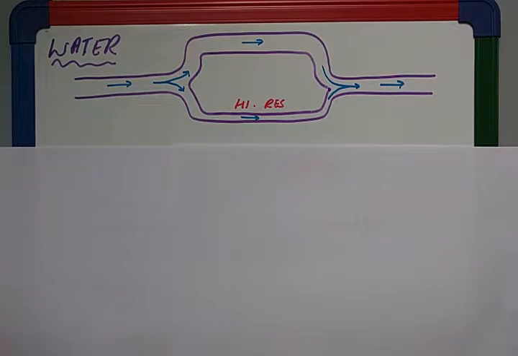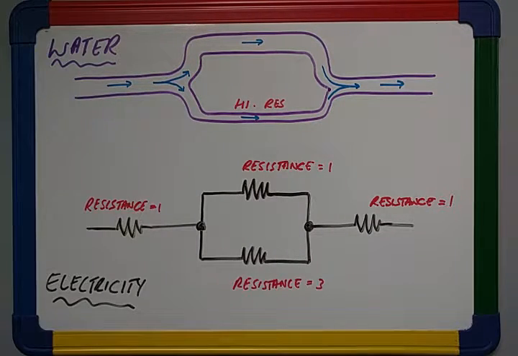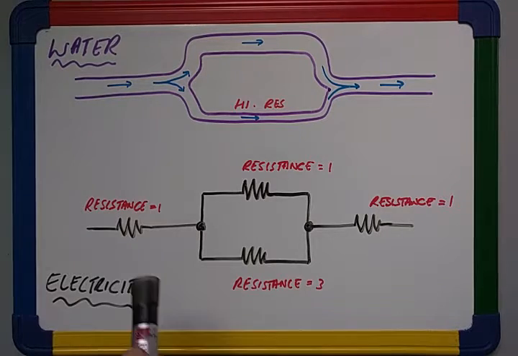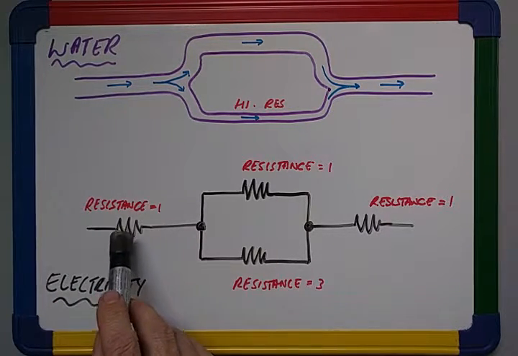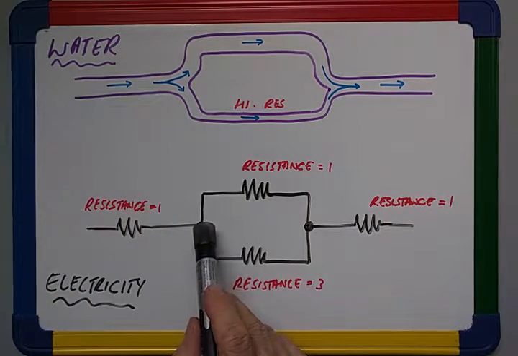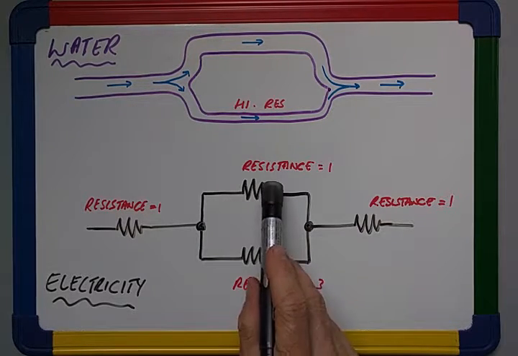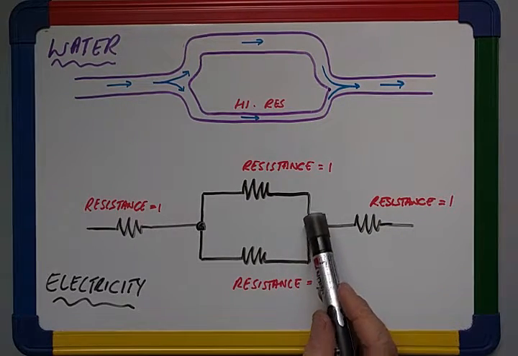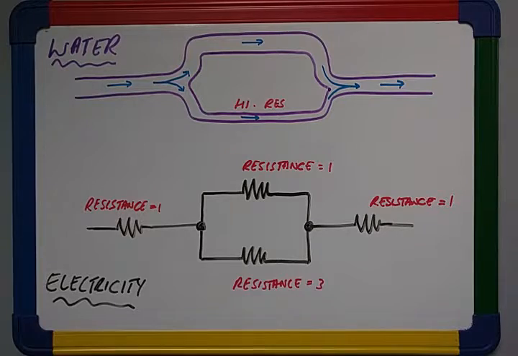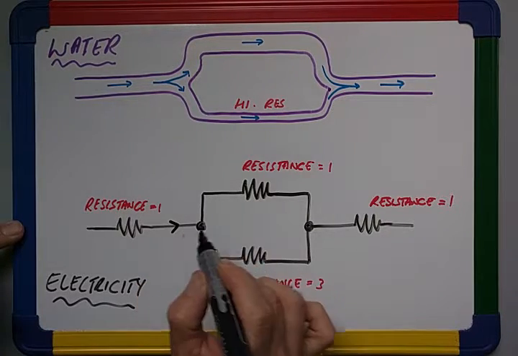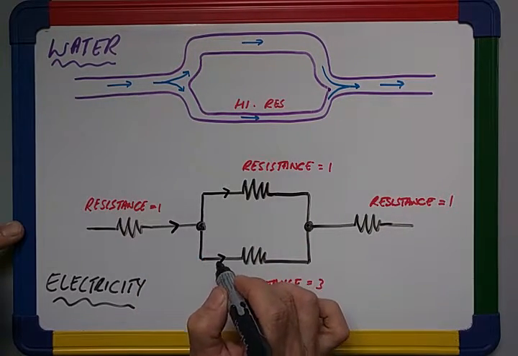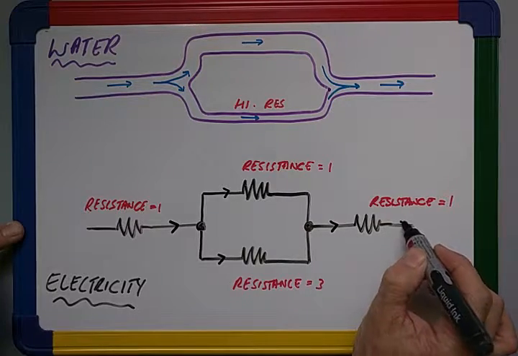So let's look at what the electrical equivalent of this is. Here we've got a wire coming in with a certain amount of resistance. It then splits into two, each of which has some resistance and joins back into one. And similarly to the water system, the flow is from left to right in this diagram.